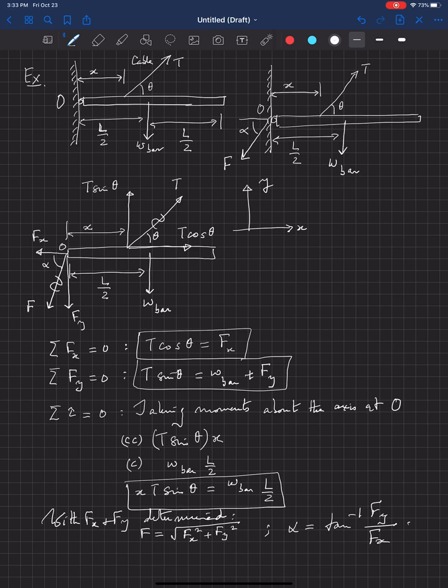Okay, so we've determined all the properties of this system.